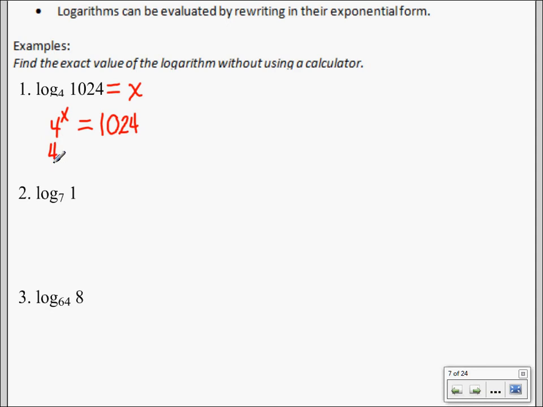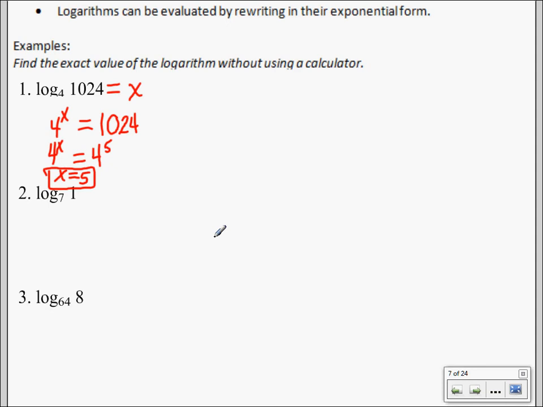The goal is to find what power, having a base of 4, 1024 would be. That's 4 to the 5th power, because 4 to the 5th power is equal to 1024. Now that our bases are the same, we can take our powers of x and 5 and solve for the variable.